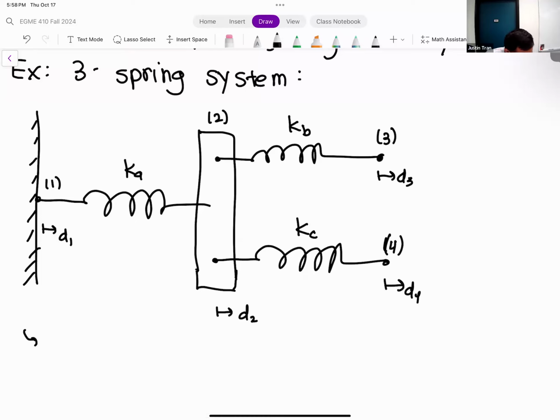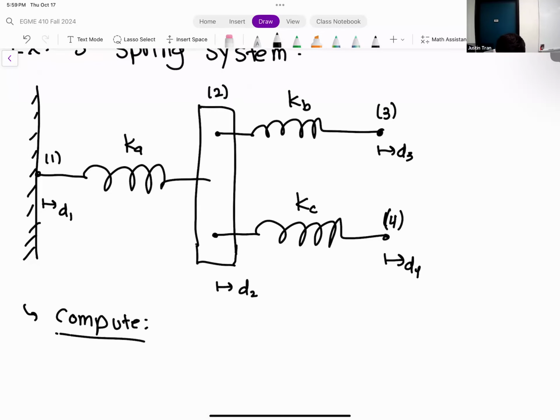For this problem, let's compute the values for all 4 of these nodal deformations. So we're going to compute D1, D2, D3, and D4. Oh, we need some forces here.